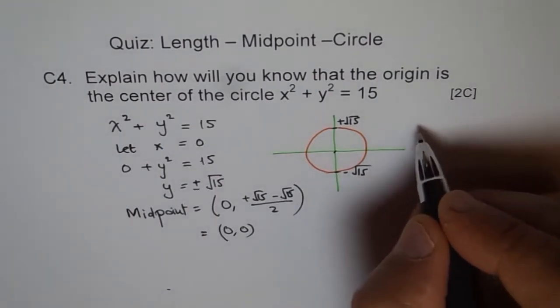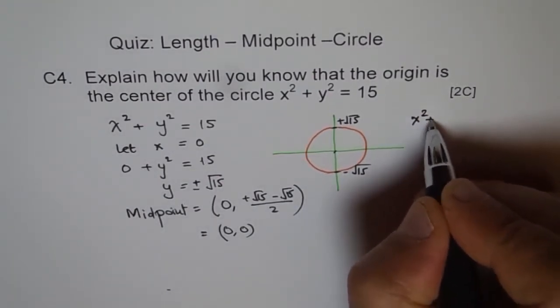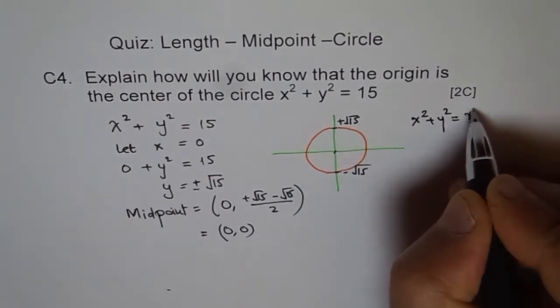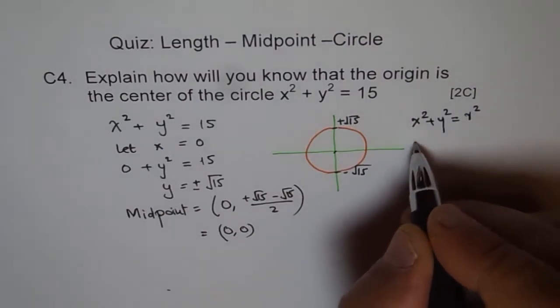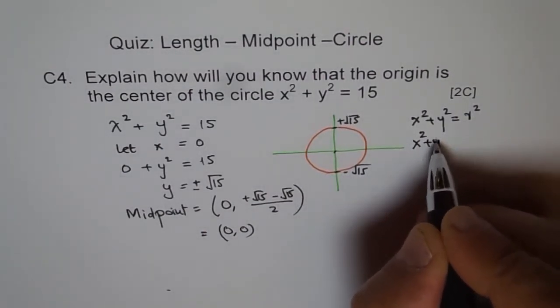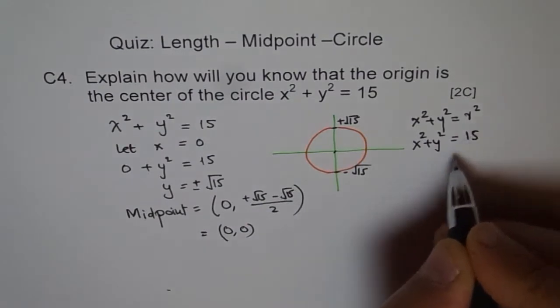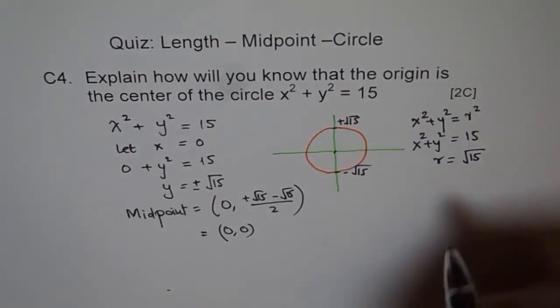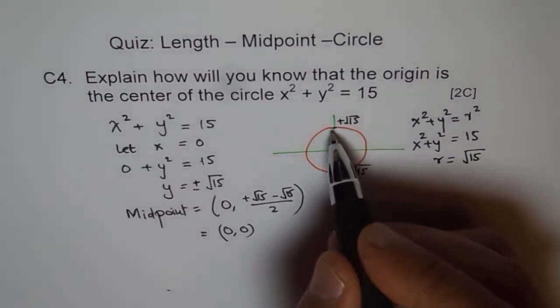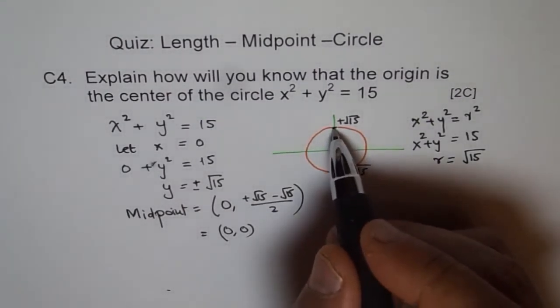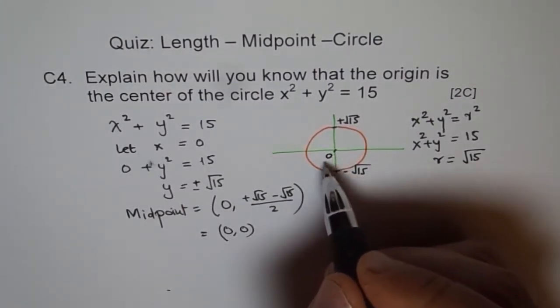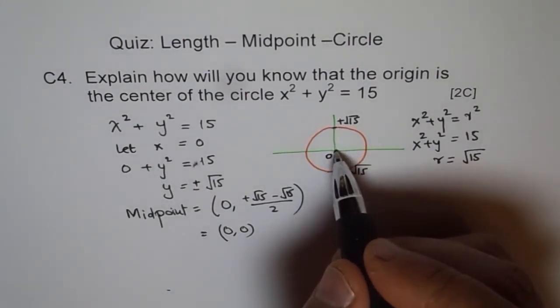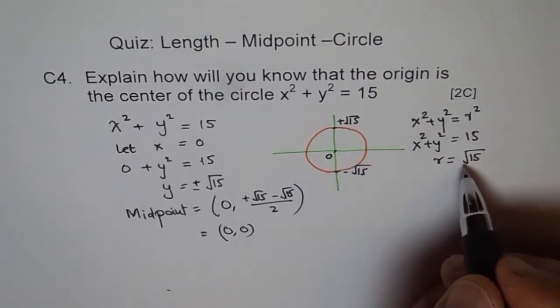In general, the equation of the circle is x square plus y square equals radius square, correct? Therefore, if my equation is x square plus y square equals 15, the radius is square root of 15.